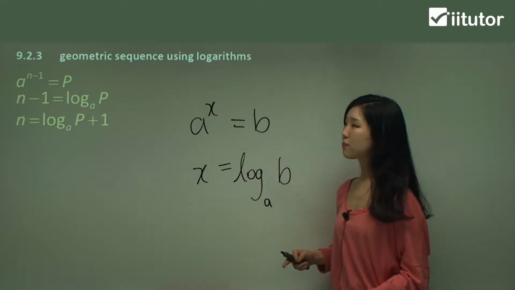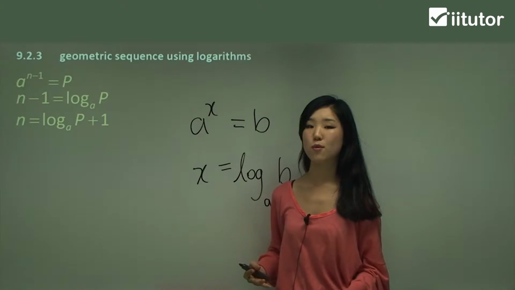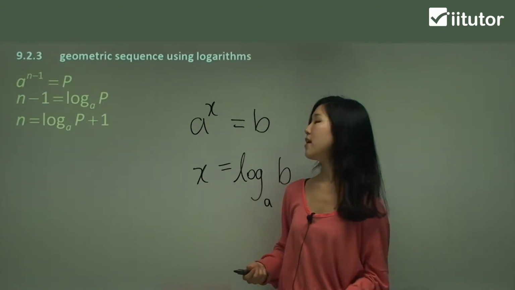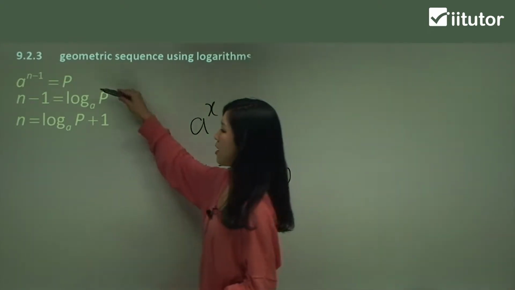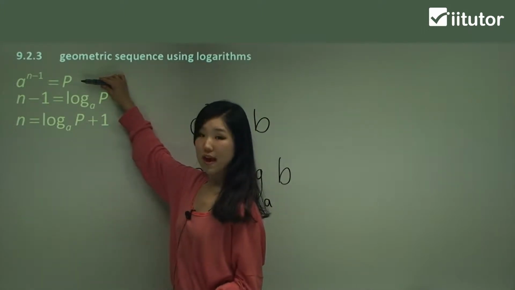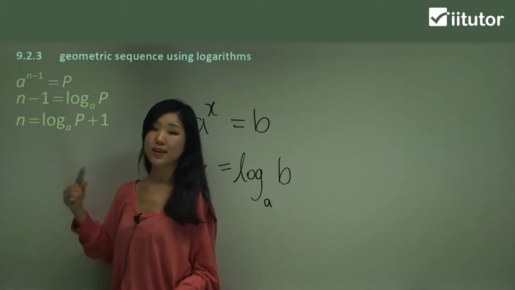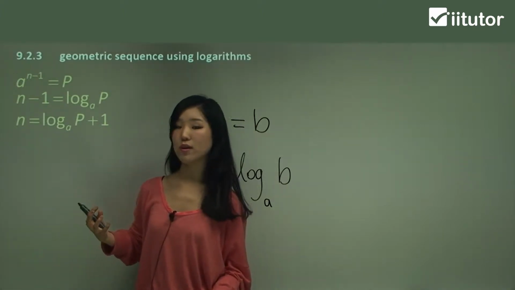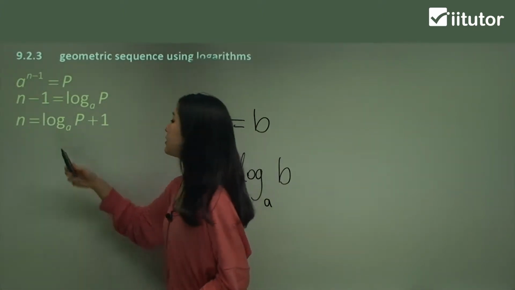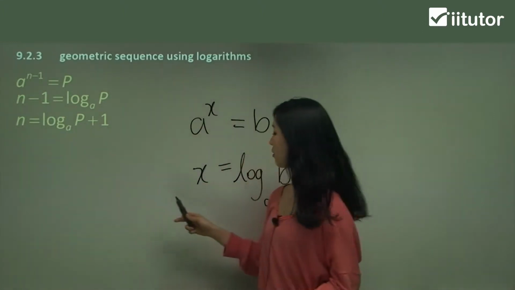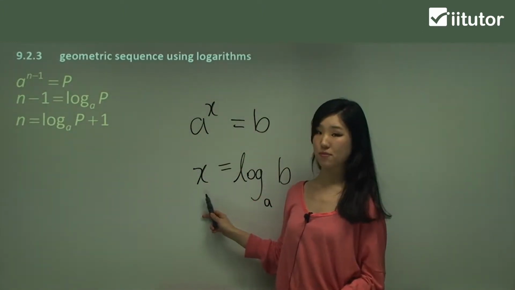When you're doing a question regarding geometric sequences, you may get to a point where it's in the form of a to the power of n minus 1 equals p, where n is in the power. To solve for that n, we need to use logarithms. The power, n minus 1, is going to be x, the subject.